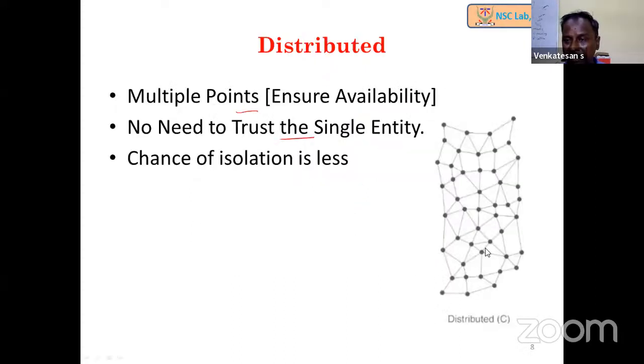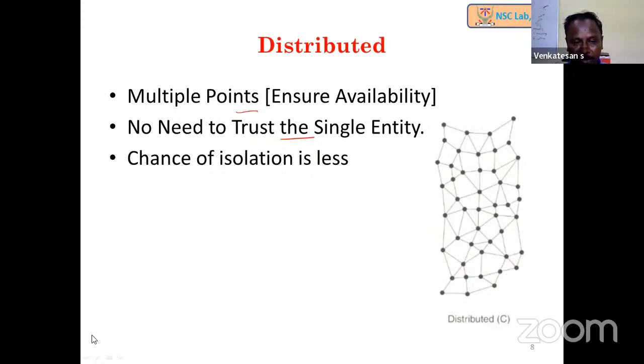But in case of distributed representation, it is not that. We don't need to trust only one. There are multiple nodes to whom we are connected. So if one fails also, there is no issue. So this says that the chance of isolation is very, very less.